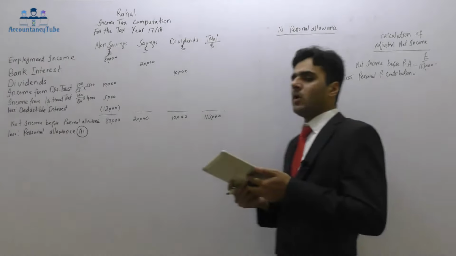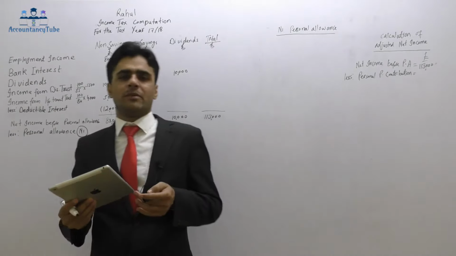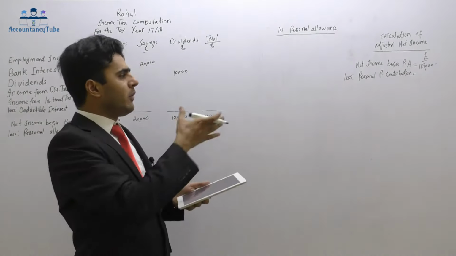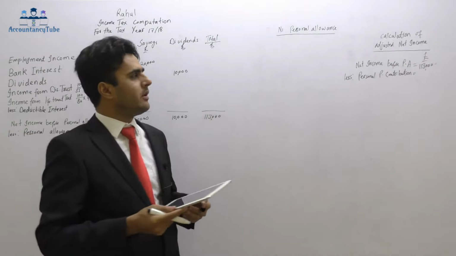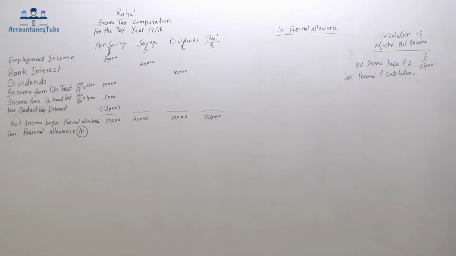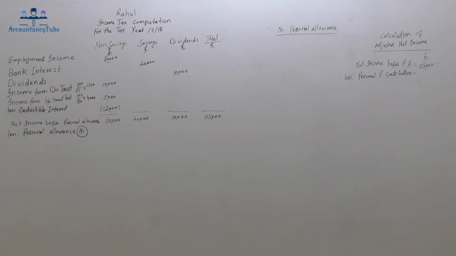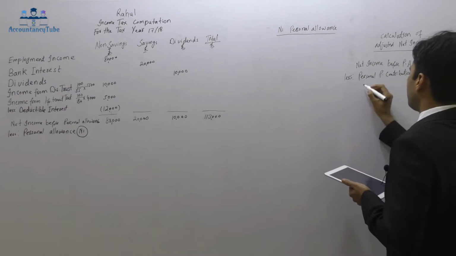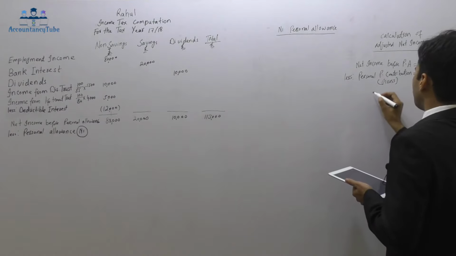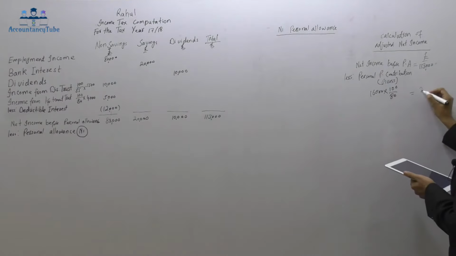Now £16,000 was contributed in the personal pension contribution, but please remember this is the net amount. However, we have to take the gross amount here in order to calculate the adjusted net income. So £16,000 was 80%. How much would be the 100%? So £16,000 multiplied by 100 over 80. That is the gross amount which we need to take. So how to take the gross amount? 16 of £20,000.